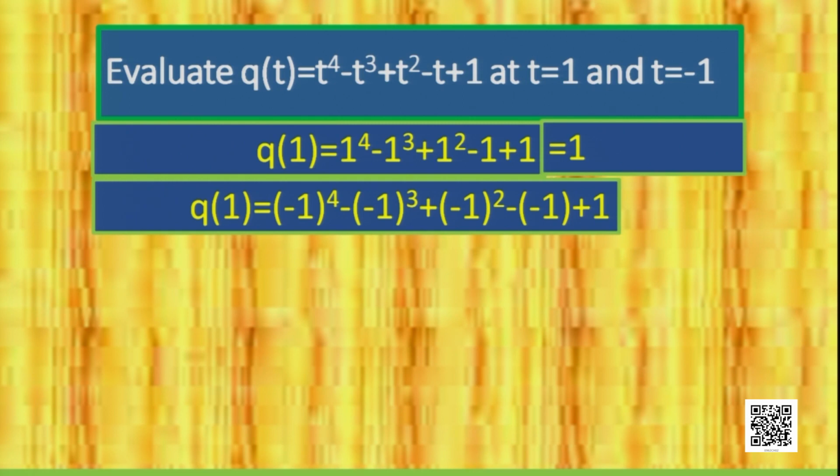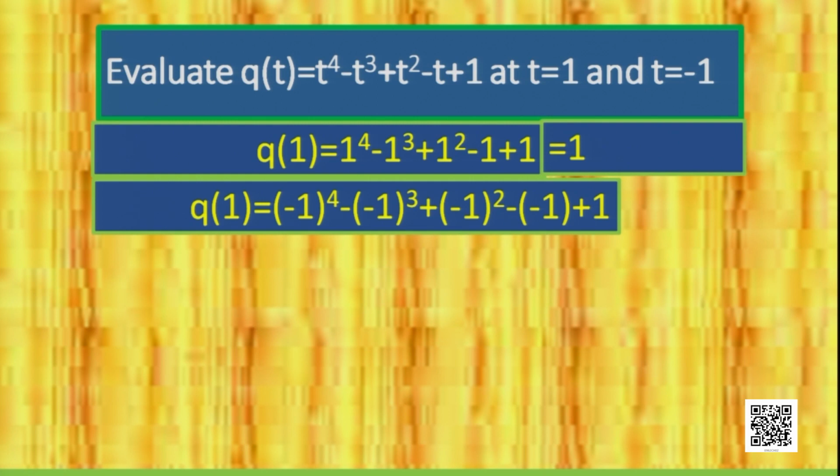As the power of minus 1 is even, its value is 1, and if the power of minus 1 is odd, its value is minus 1. So just calculate. The first term is 1, the second term is minus 1.